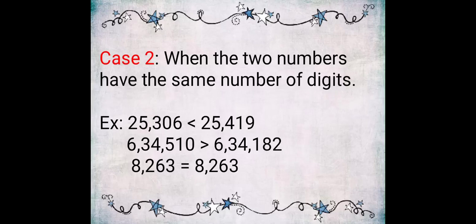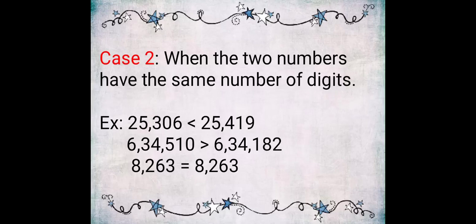Yes. So now you have got an idea which is the lesser number and what is the greater number. So 25,306 is less than 25,419.